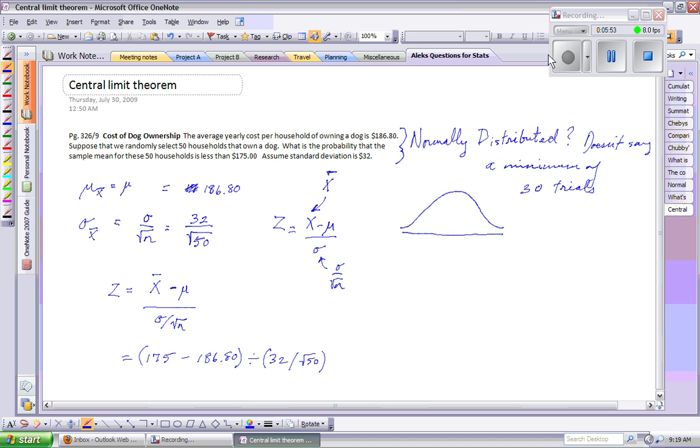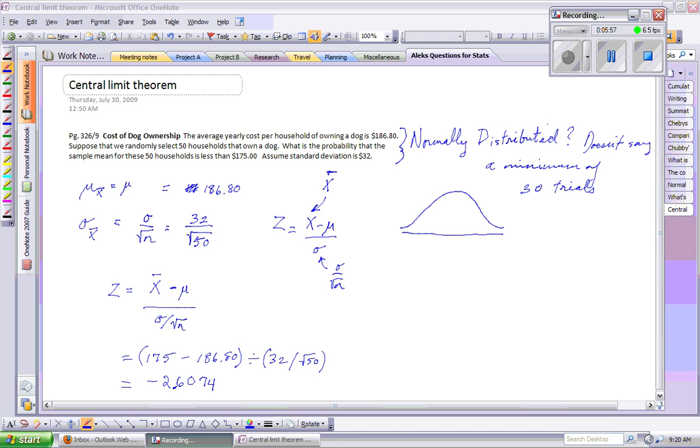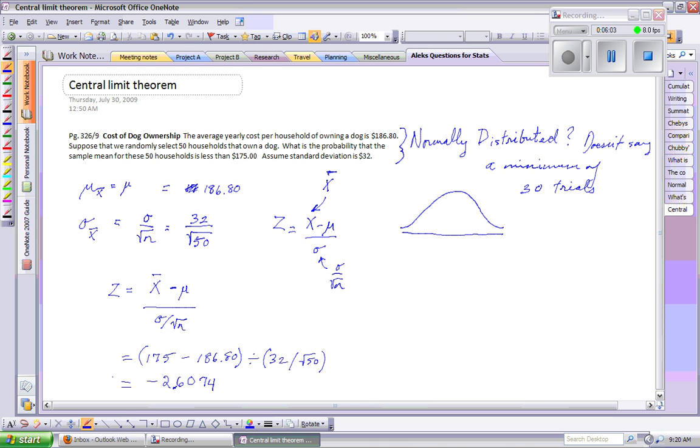I'm going to calculate that and find out what it is. I'm getting, as an answer, my z is going to be negative 2.6074. So we will approximate that as negative 2.61. And we'll look that up in table E.